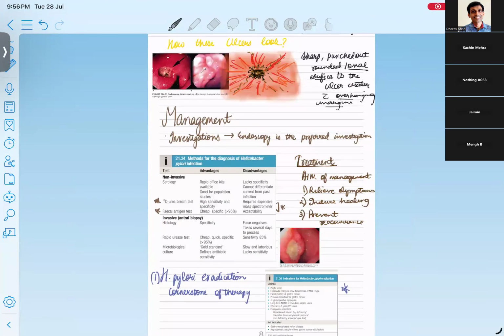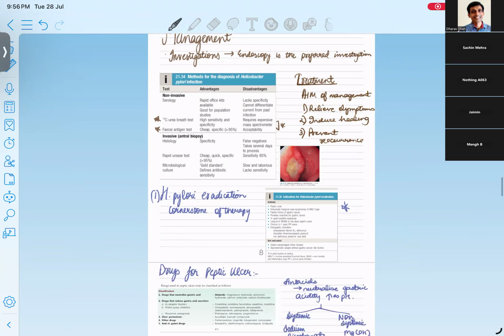Now coming to management. Of course, endoscopy is the most preferred investigation, though endoscopy will be discussed later. Therefore, I have not included indications for endoscopy and everything.